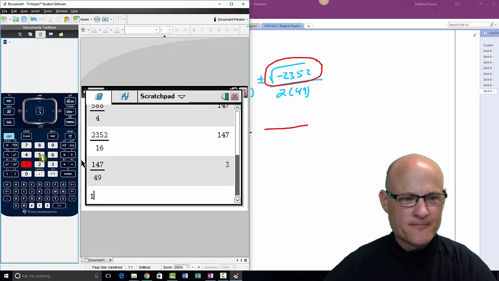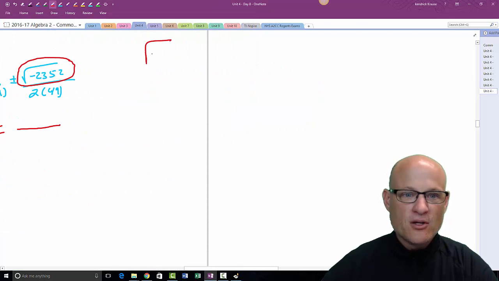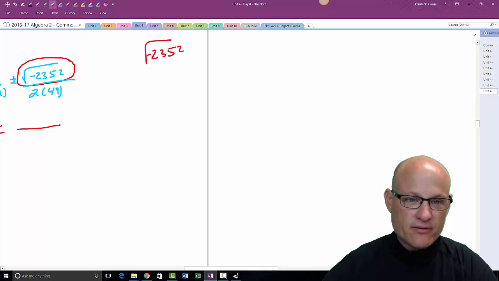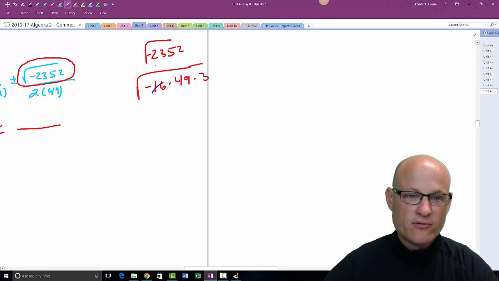So negative 2,352 is equal to negative 16 times 49 times 3. All right, so let's see. What is the square root of 16? 4.